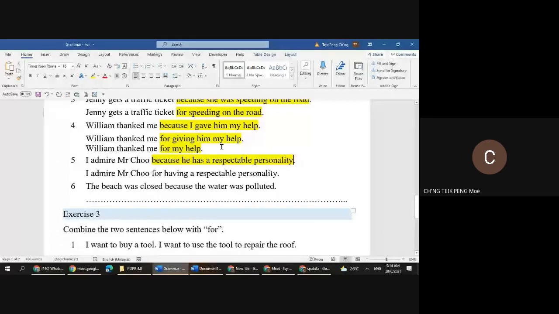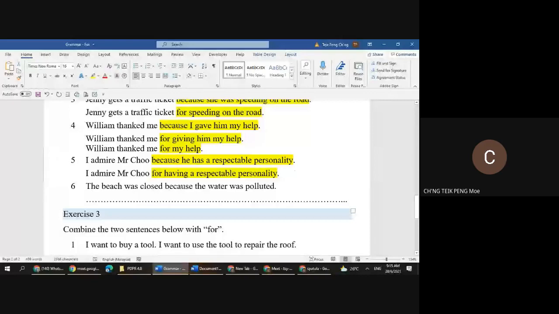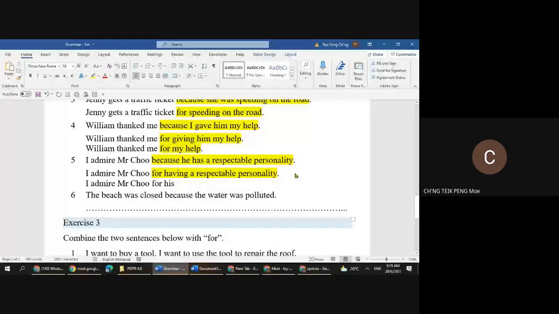Okay, so you can write for having a respectable personality. Has tukar jadi ing, dia jadi having. But we can also write another answer here. We can also write I admire Mr. Chu for his respectable personality. Okay, so we can have 2 answers here.